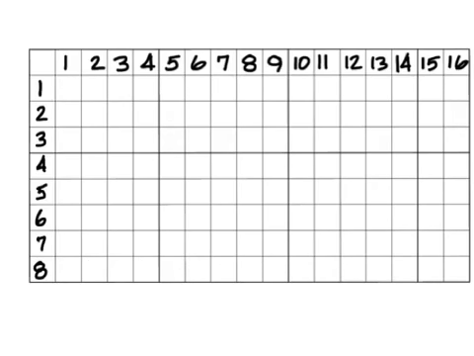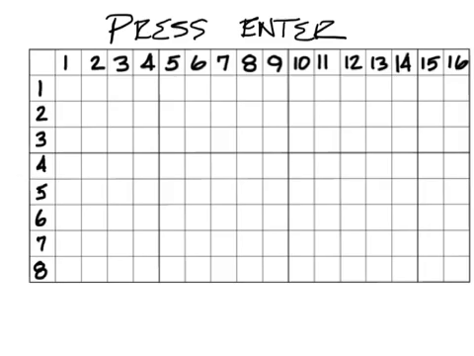What we want to do now is put the words press enter centered on row number 7. Now, how many characters does press enter have in it? We have 1, 2, 3, 4, 5, 6 for the space, 7, 8, 9, 10, 11. You have to include the space in there. So 11 from 16 leaves us with how many? 5.